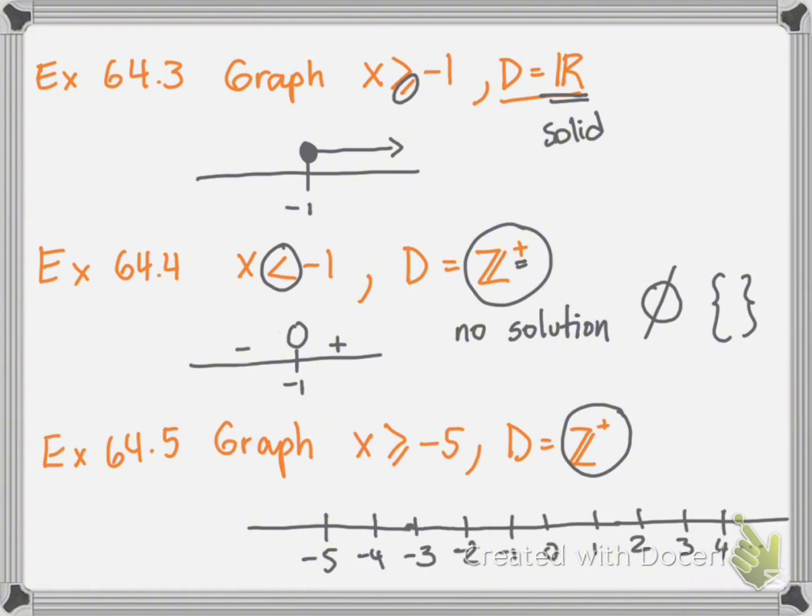So in this case, even though there are some numbers that are greater or equal to negative 5, like negative 5, negative 4, because of the domain that says that it has to be positive integers, we're going to start graphing our answer at 1. So we don't even include 0 because 0 is not positive. So that would be our graph. Now notice again that we put a little arrow to indicate that the answer is infinite. It keeps going, starting on 1.